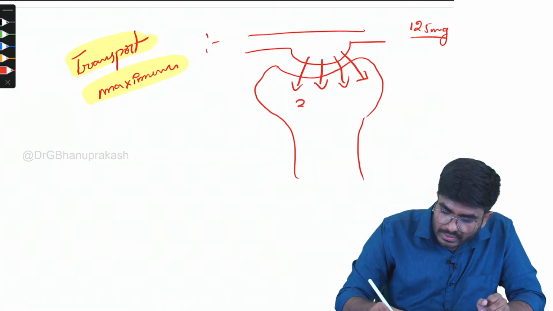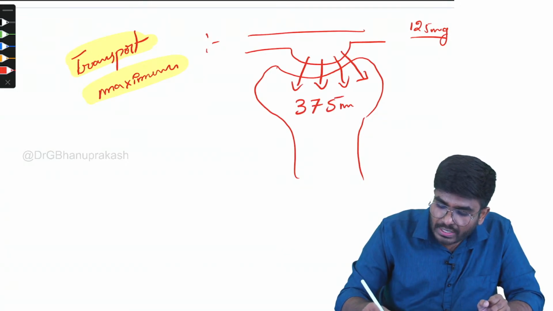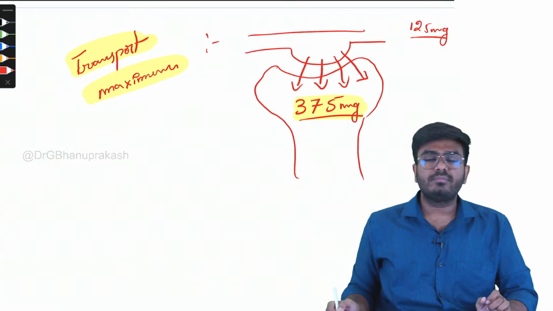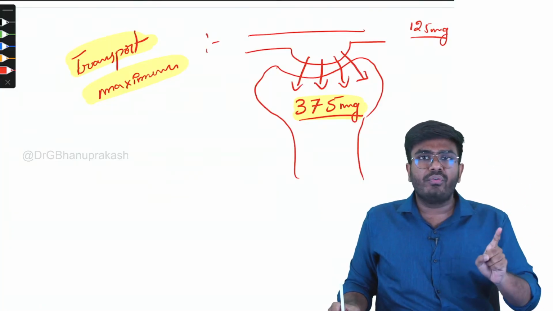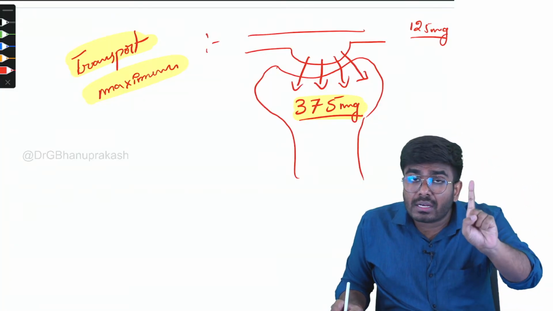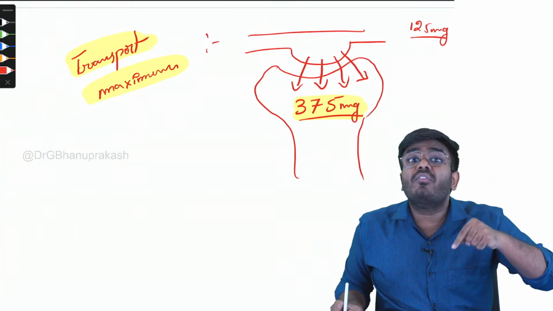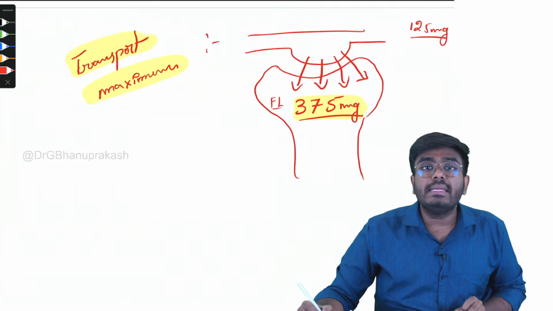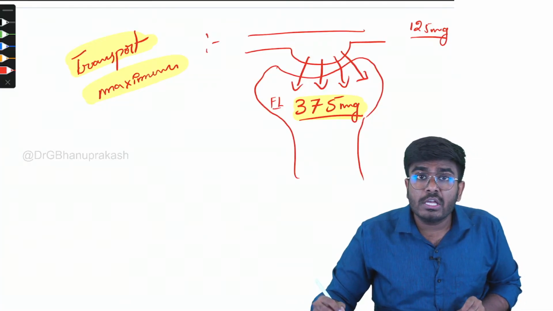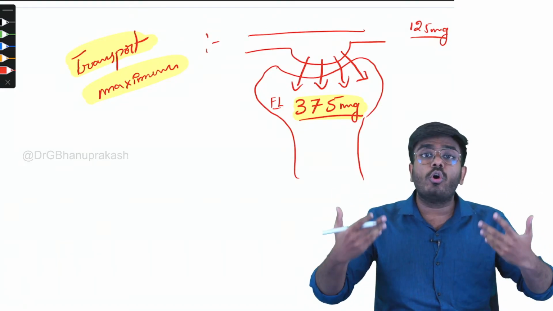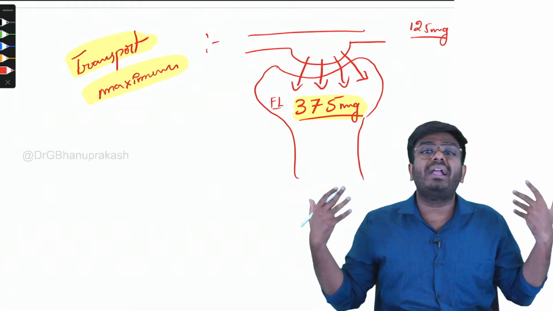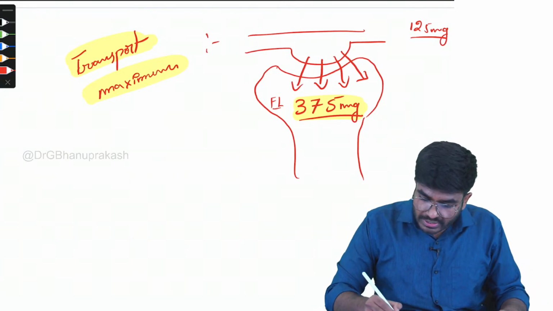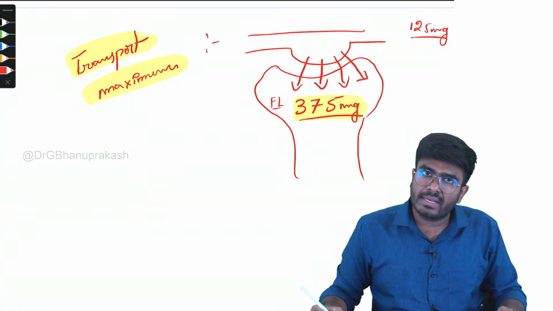Now, if you keep here 375 milligrams, direct question, if the filtered load, I'm not talking about the plasma, I'm talking about filtered load now, is 375 milligrams, which means so much glucose is getting filtered. This person is super diabetic, heavily diabetic, poorly controlled diabetes mellitus. So he is having lots and lots of glucose in his nephrons.